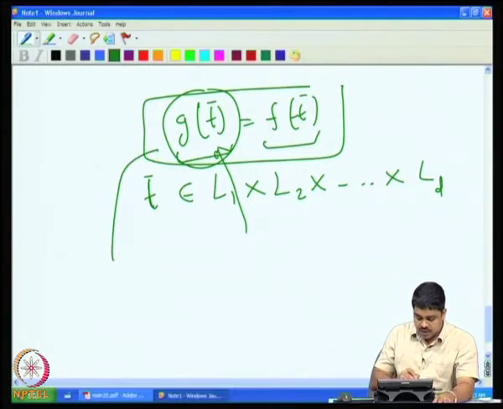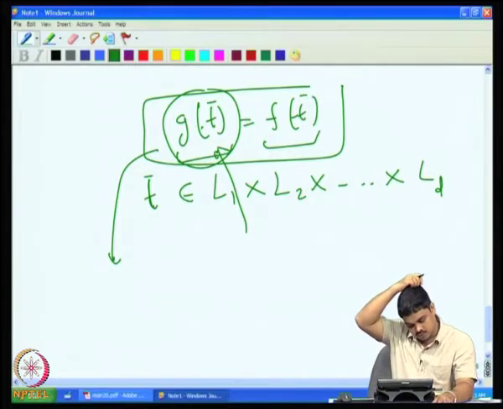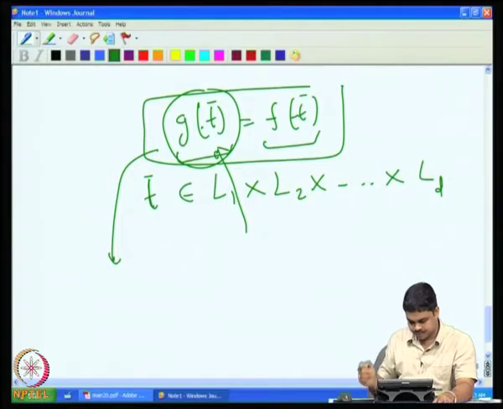But then, can we use the earlier statement? Even now we cannot use it, because we also have to show that it is a non-zero polynomial, isn't it? Is it a non-zero polynomial?